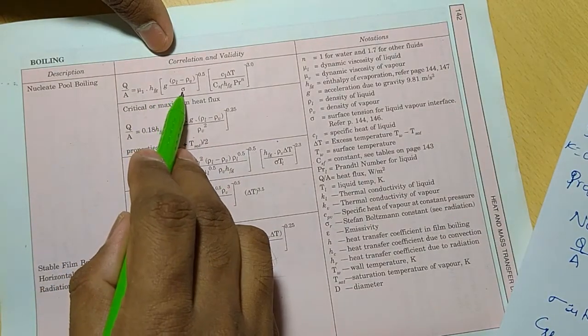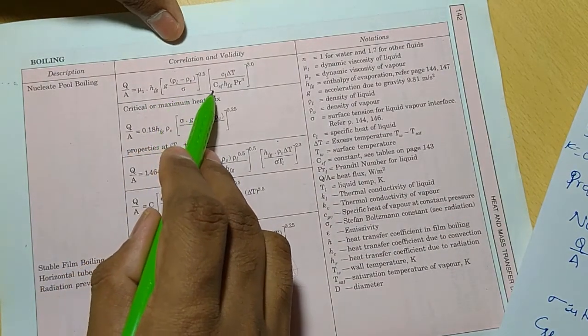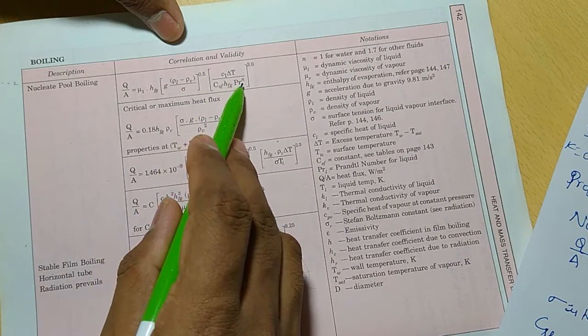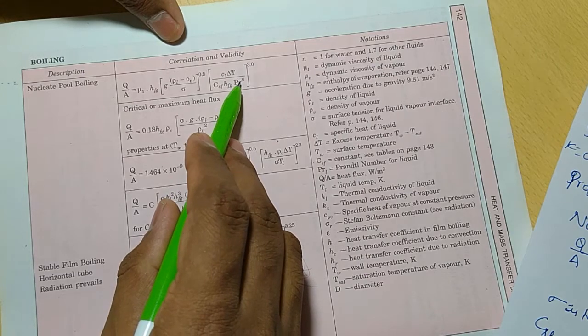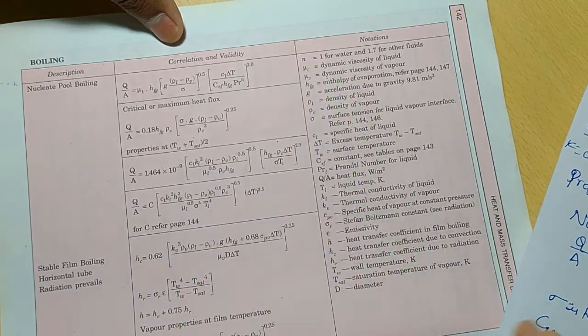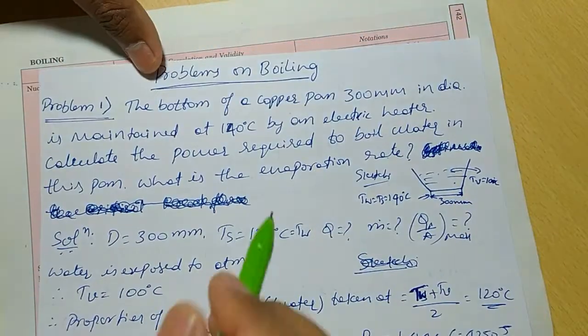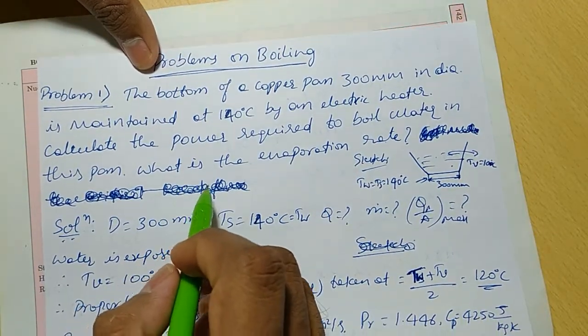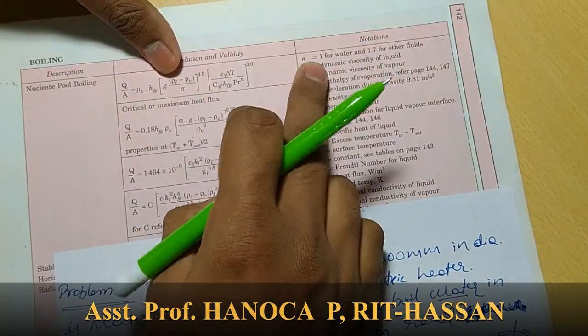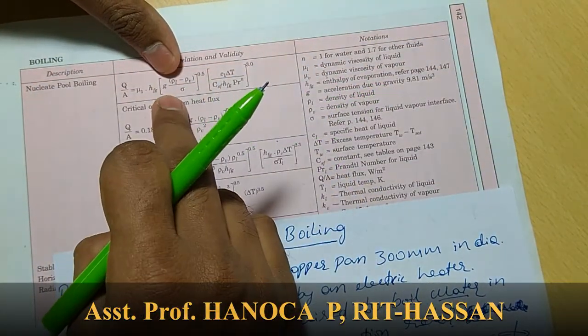Here sigma, CSF and n are the three different values you should take. Here n is given. n equals 1 for water and 1.7 for other liquids. Here in this problem, the liquid is water, so n becomes 1. No problem.